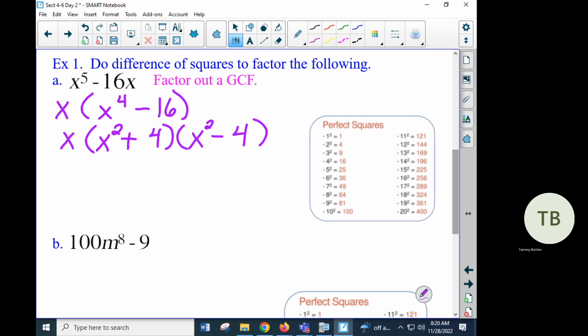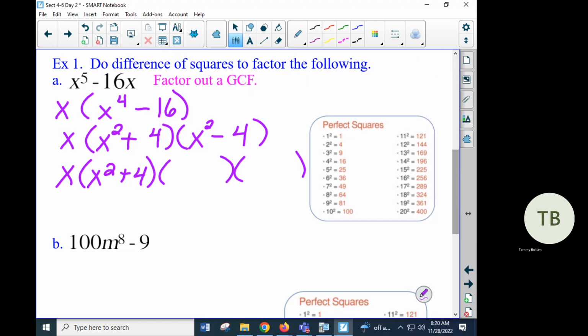But this one has a minus sign, so I have to check that. X squared, 2 is even, 4 is a perfect square. So I can take this last one and do difference of squares. So I have my X, I have X squared plus 4, and then I can take this and factor it.